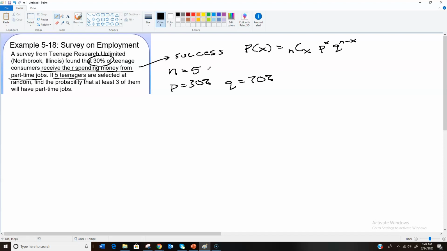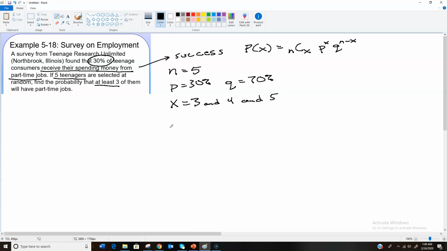Now the X is a little bit tricky because this says at least 3. At least 3 means that our X is going to be 3 and 4 and 5.